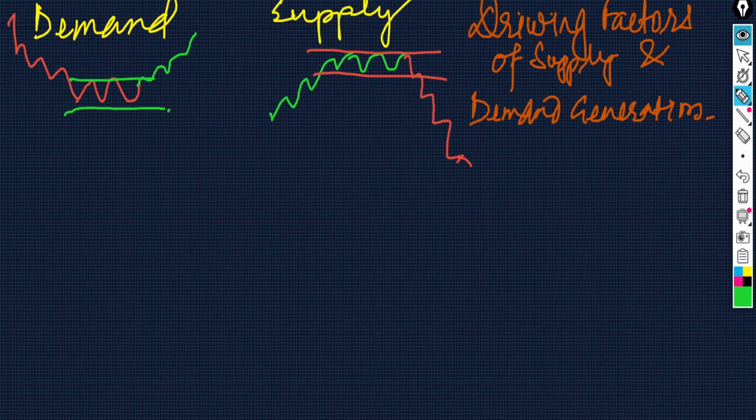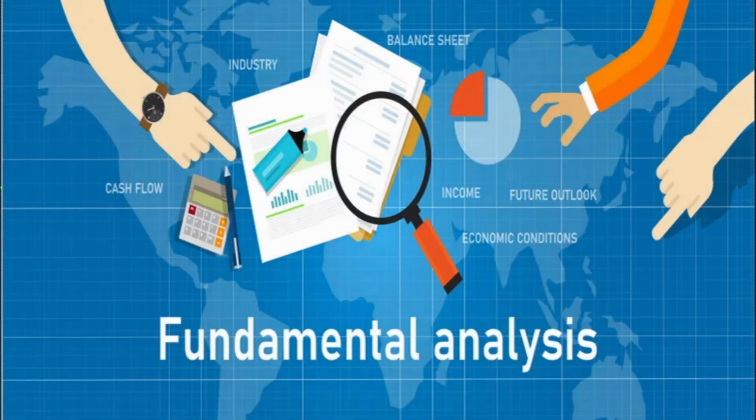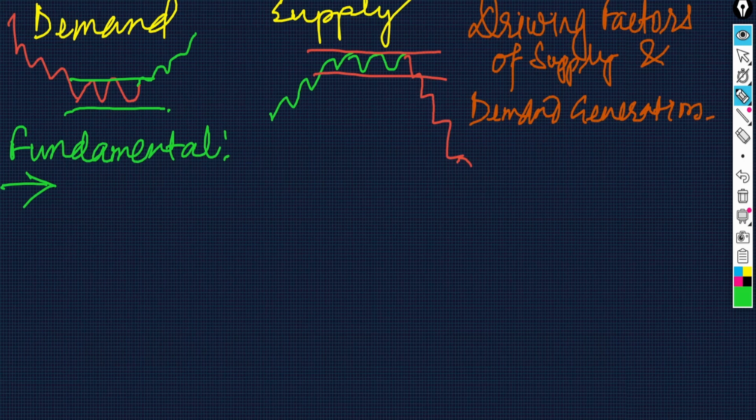So the driving factors for demand generation: first let's discuss the fundamental reasons. There are many fundamental investors who are tracking good securities to buy. Their fundamentals are up to the mark as per their analysis. So what are those metrics they are tracking? Some of them we can list down here. The first one is return on equity.